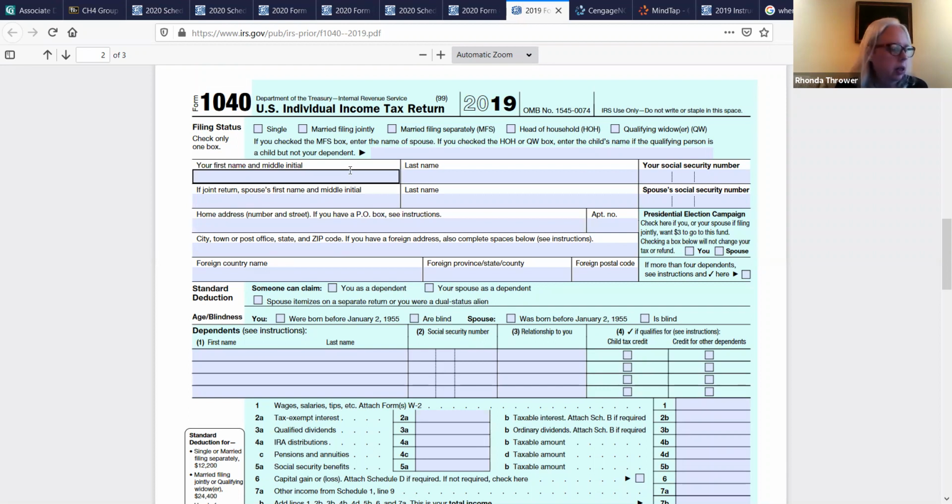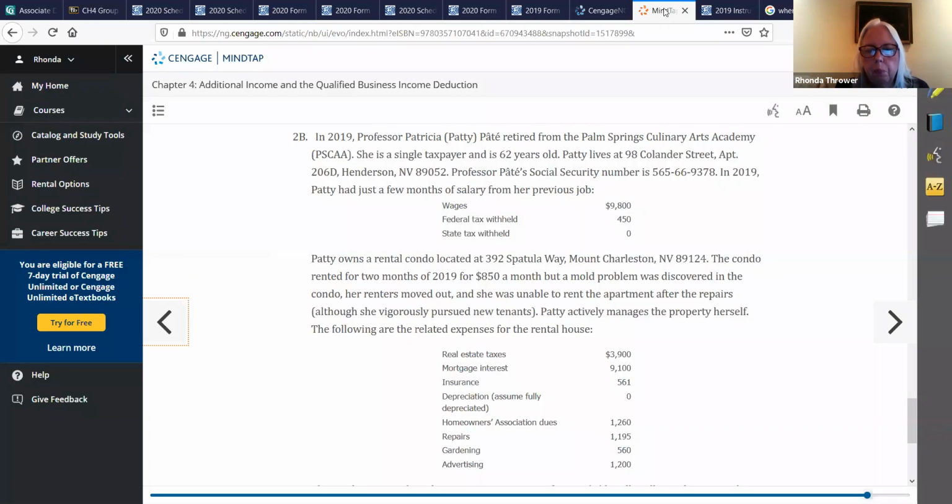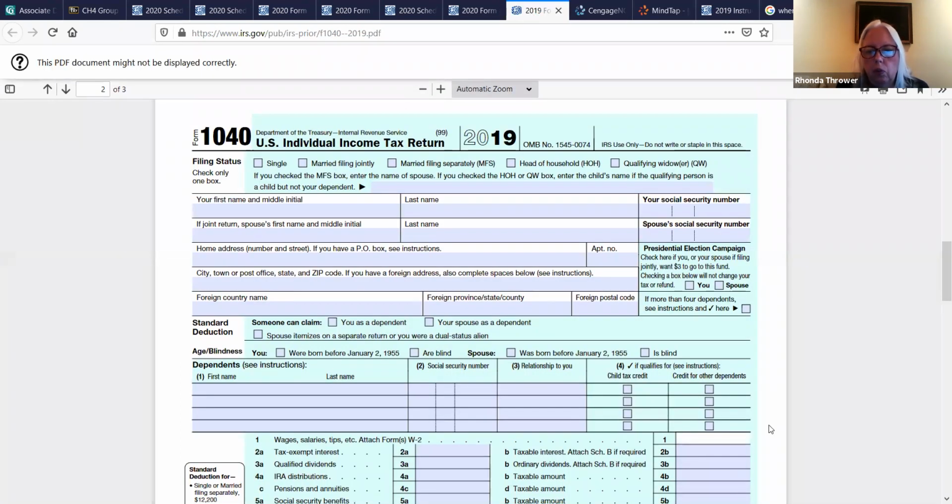So all you'd fill in is the name of the owner, the social security number, the home address. And then we would go to line 1 for our wages, and that comes from your instructions. She had wages of 9,800. So we'd enter 9,800 on line 1 here in the 1040.